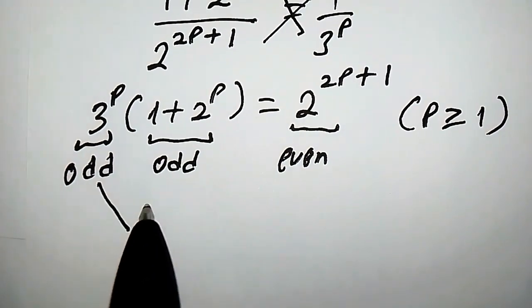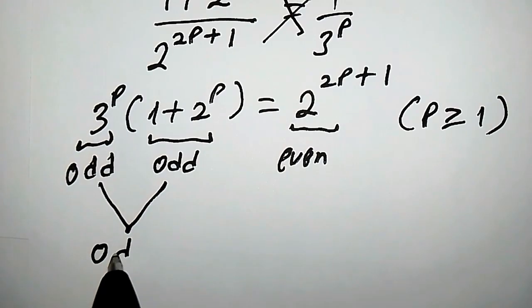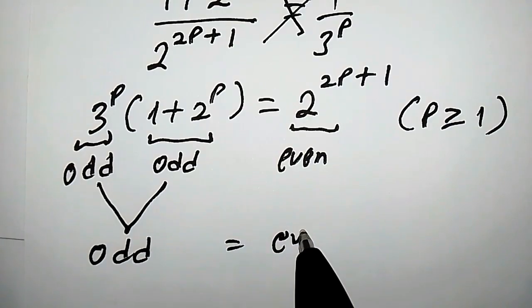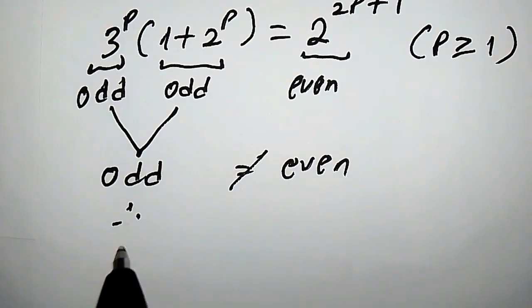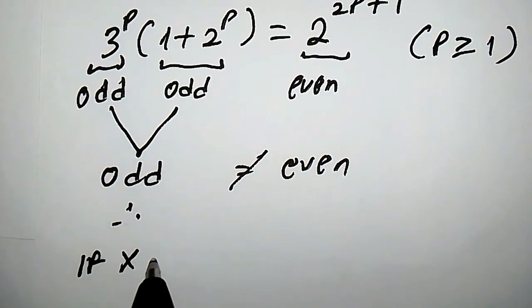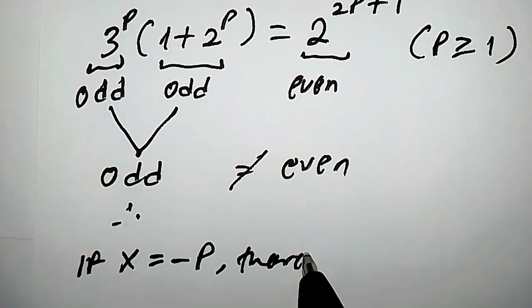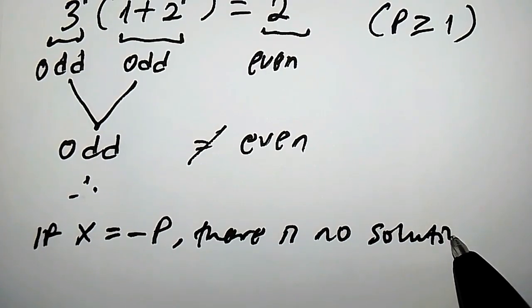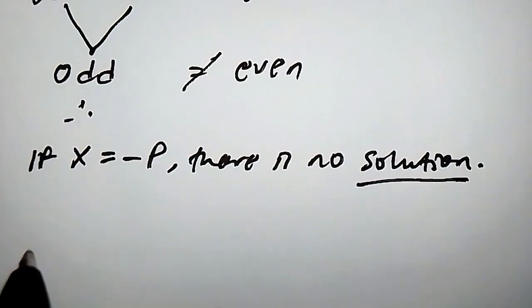If we multiply both odds together, odd times odd will always produce an odd, and this guy is even. And there is no way an odd number will be equal to an even number. Therefore, if x equals minus p, there is no solution.